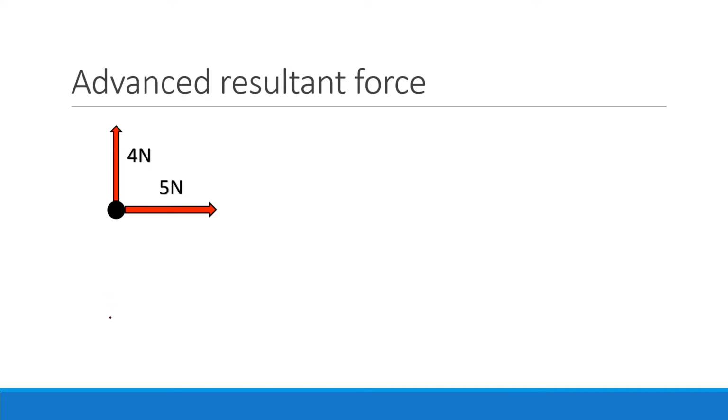That's not going to be the case. You're going to have to say, well, it's the same as having a force going to the right of 5 and a force going up of 4. So therefore, this line here is the line that we want to be calculating.